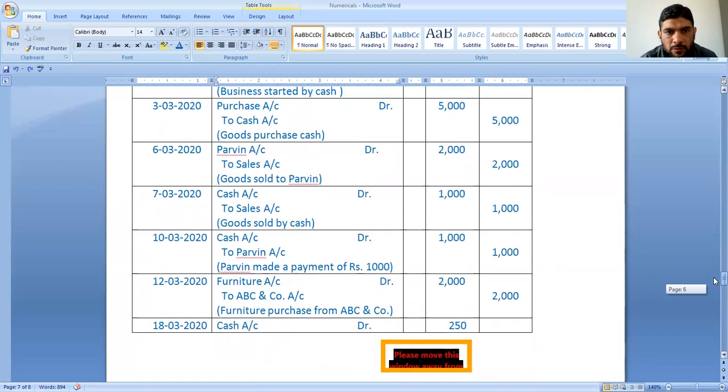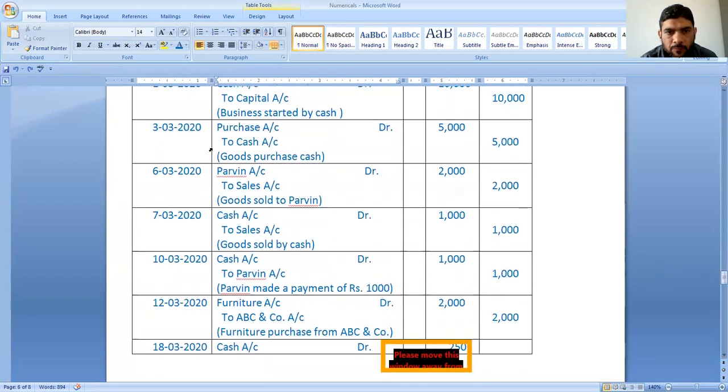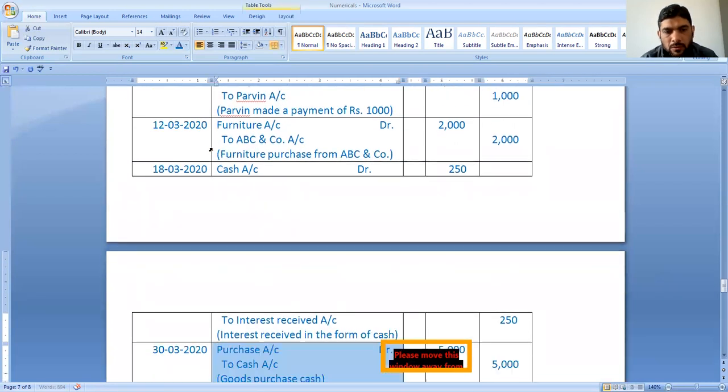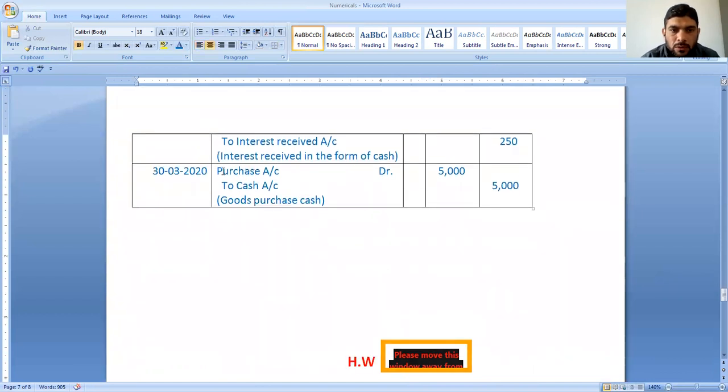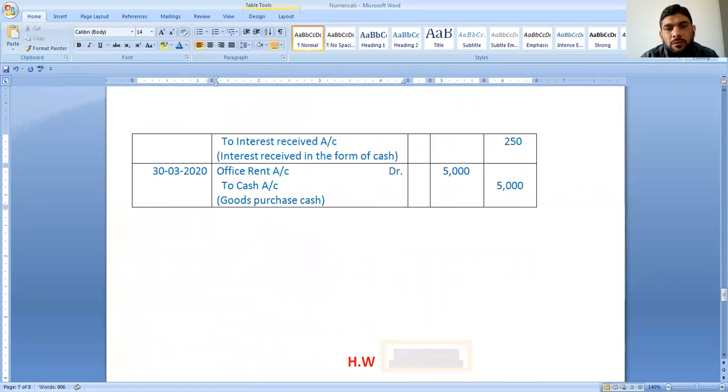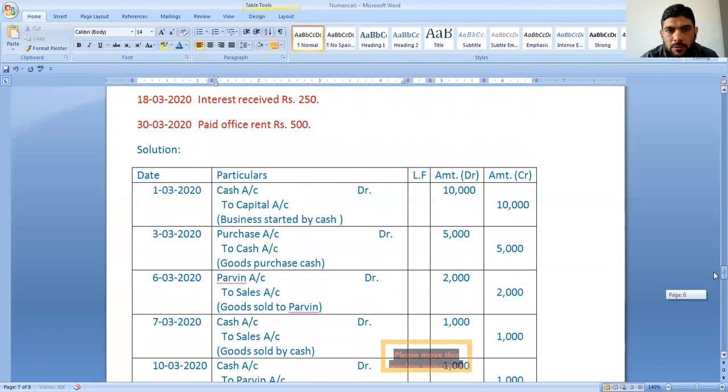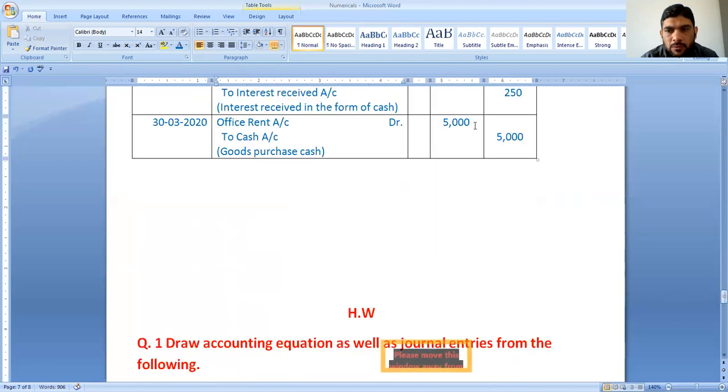So cash will be credited as cash has gone from the business, and payment of office rent has been made. Office rent account debit to cash, and the amount is rupees 500. Yes, it's 500 rupees.